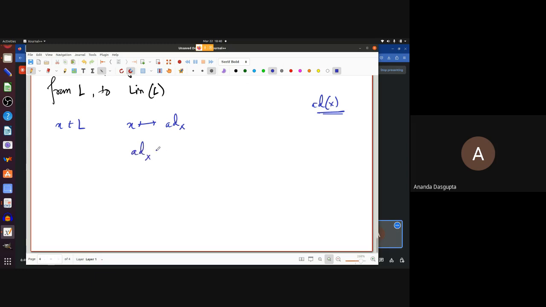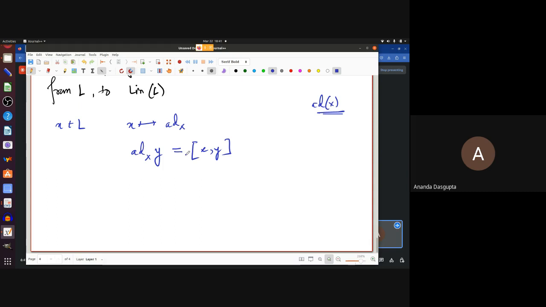It's a very easy thing. ad x acting on y. After all, if you want to specify what a linear operation acting on a vector space is, what you should do is tell me what it does to every vector, right? So I'm telling you. Let me remind you that x and y, these being Lie algebra elements, are also vectors, the Lie algebra being a vector space. So ad x is a linear operation, acting on y to produce this. So this is where the Lie bracket structure of a Lie algebra and the vector space structure of a Lie algebra get married together.